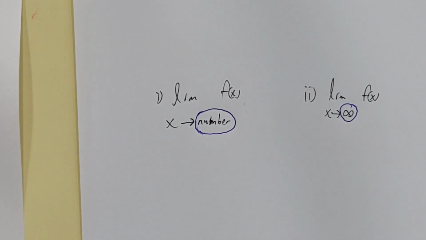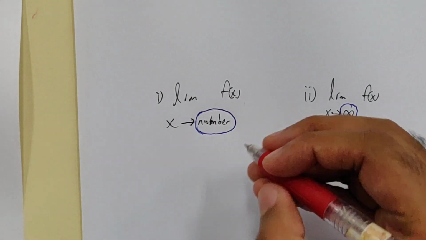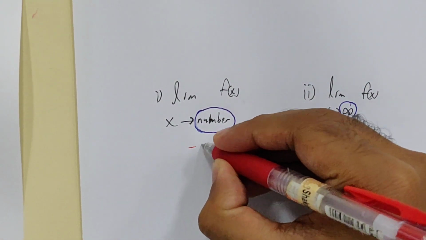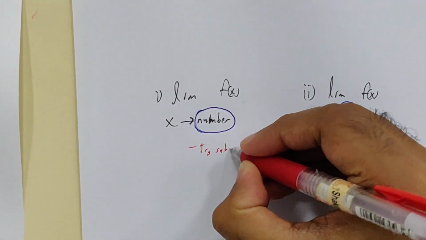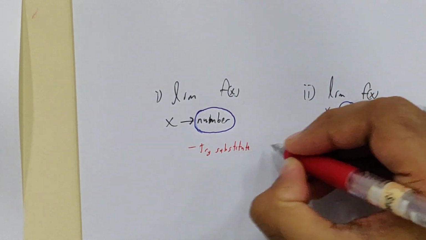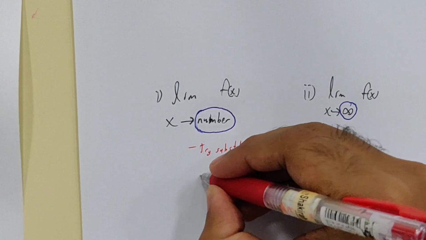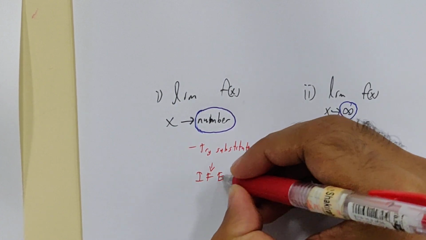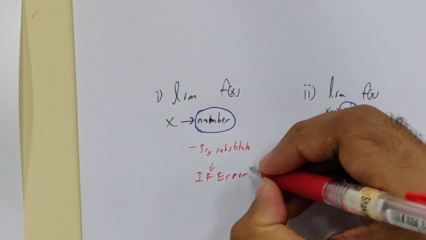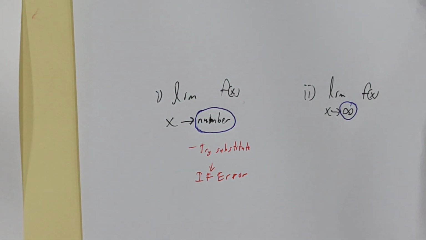For this type of question, the steps will be: number one, try substitute. Actually, both of them are the same. If error, which is most of the time in exams, don't worry about that.